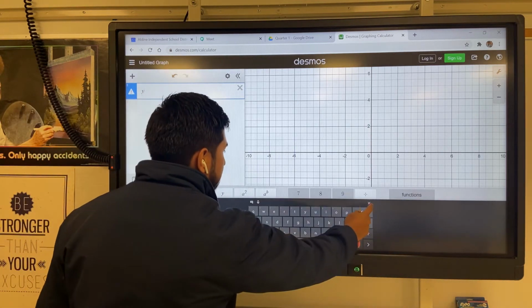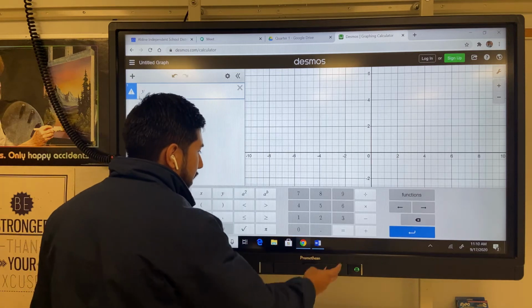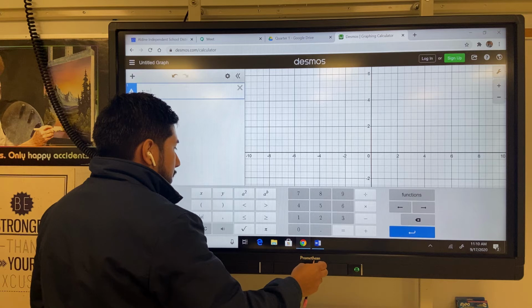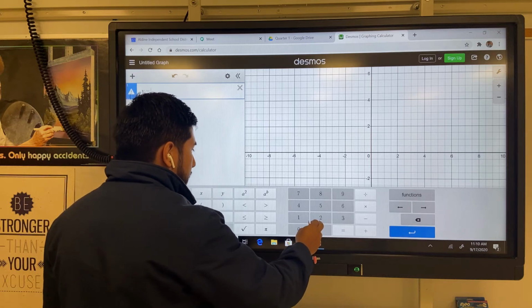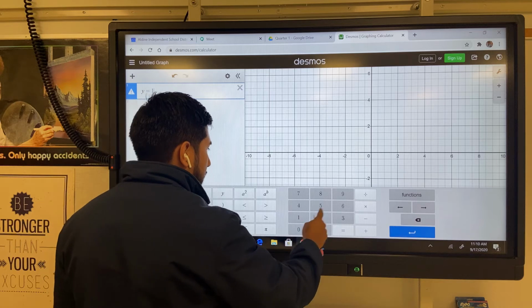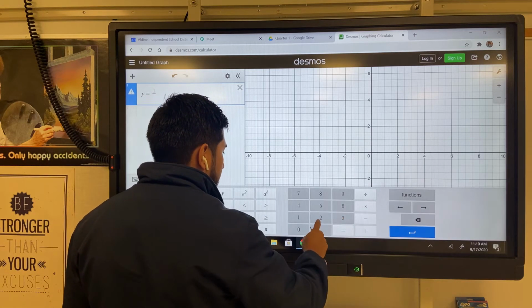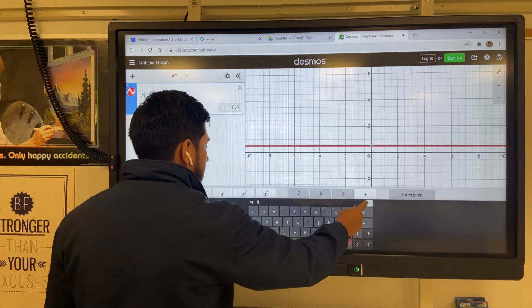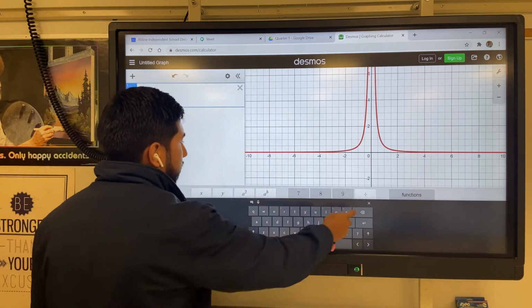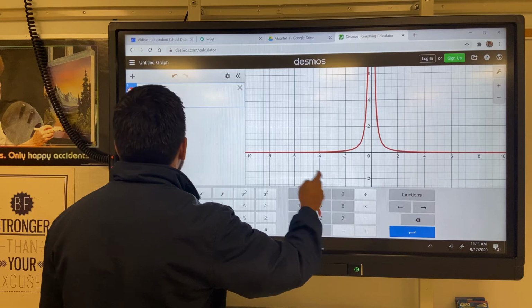Mine's going to keep doing it, so you keep doing your own thing. Y equals 1 over 2 x squared. I'm telling you, it's a little tedious.